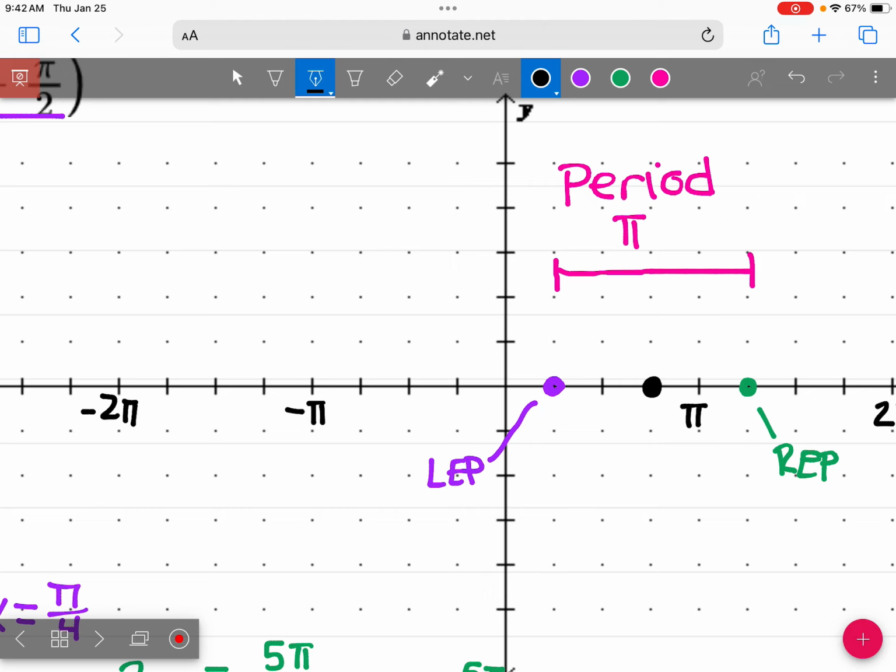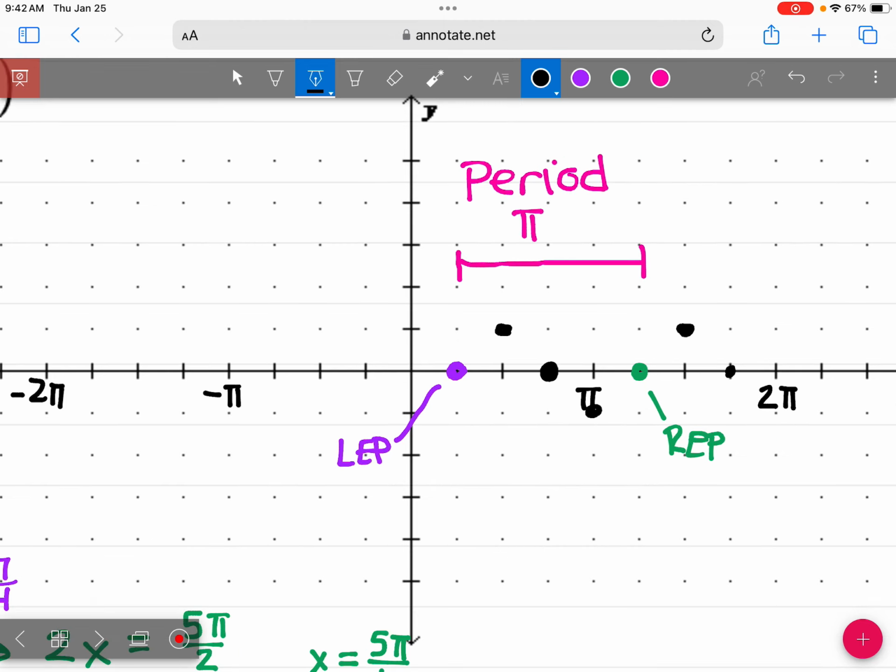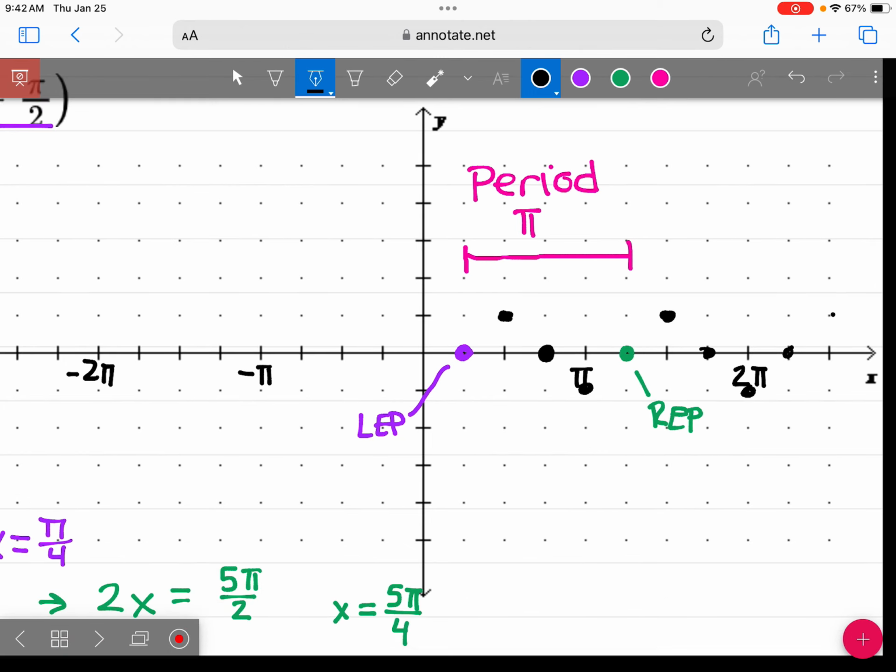Then in between that, it's going to go up our amplitude, down our amplitude. Up our amplitude, 0. Down the amplitude, 0. So it's going to look like that.